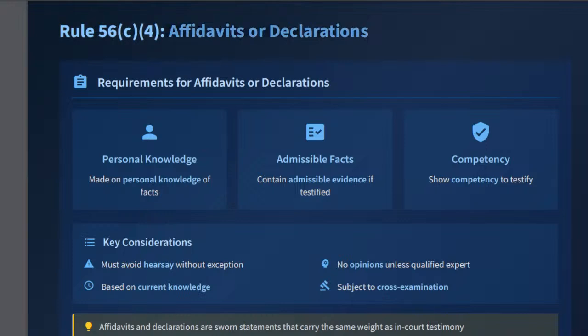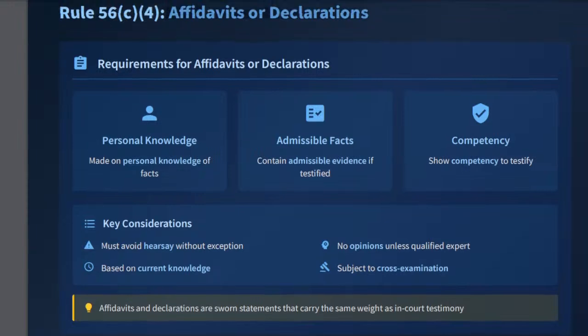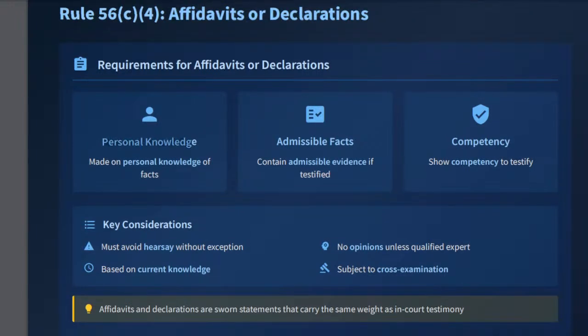56(c)(4), affidavits or declarations. The requirements for affidavits or declarations are personal knowledge, made on personal knowledge of facts, not "I saw him do this" or "I heard her say that." There are admissible facts, containing admissible evidence if testified to, and competency, showing competency to testify.